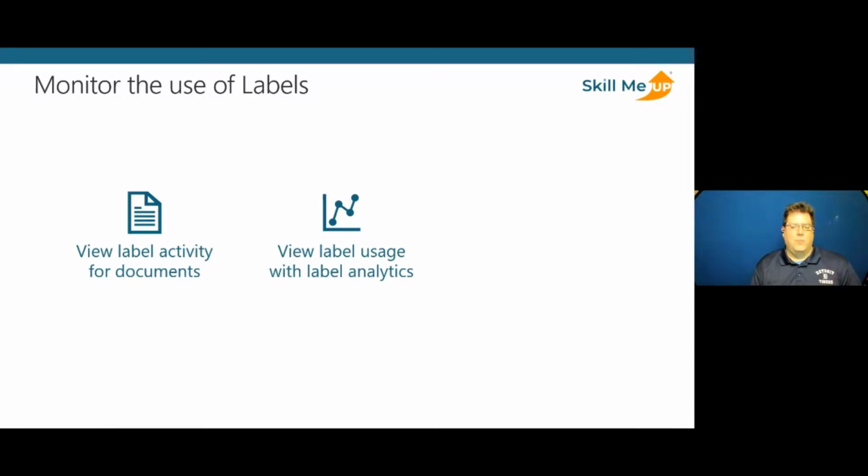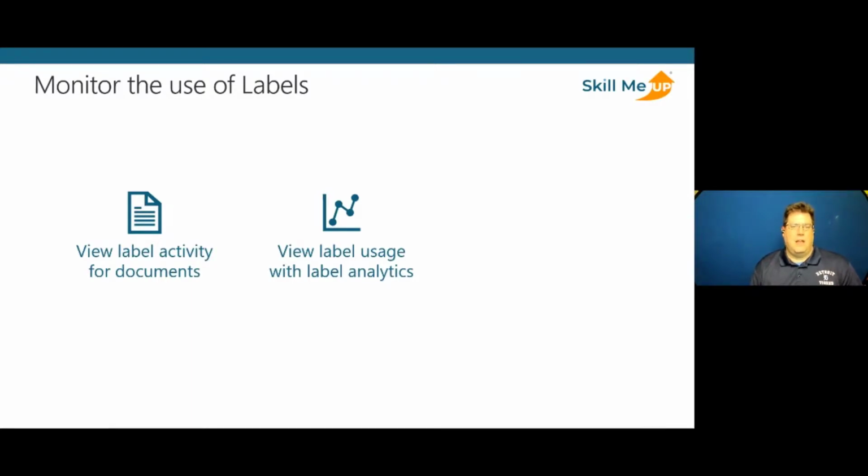And then there's also being able to utilize the label analytics for the retention labels and those sensitivity labels. You'll want to see how they're being used across your tenant. And we talked about sensitivity labels in our talk earlier in the week, what we want to do with these labels, how they're being utilized, who's accessing them.